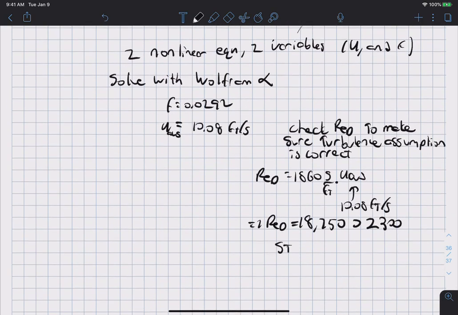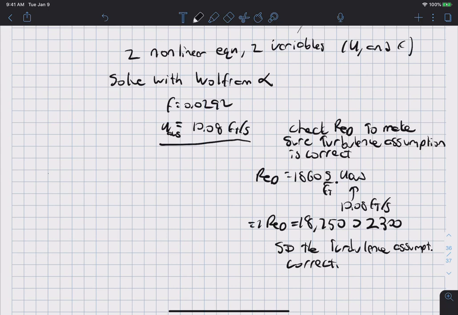So the turbulence assumption is correct. Okay, and again, if the Reynolds number happened to be less than 2300, that means we need to go back and then use F laminar, 64 over RED. Okay, so now we know then that this is the correct U average, so our assumption of turbulence bears out.